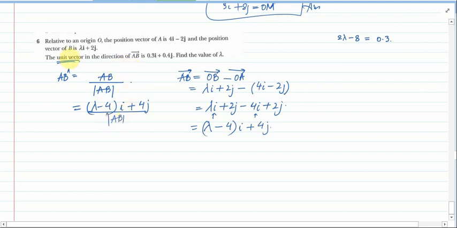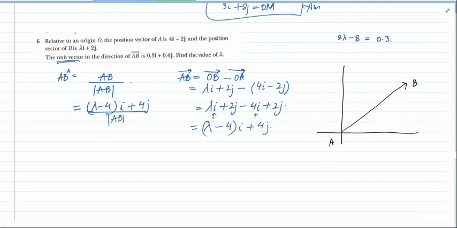Now what does it mean, the unit vector in the direction of AB? Let's suppose from the graph, if you have the vector AB, that is your vector AB, and the unit vector in the direction of AB, let's say this is your unit vector here. It can be more than AB, lesser than AB.